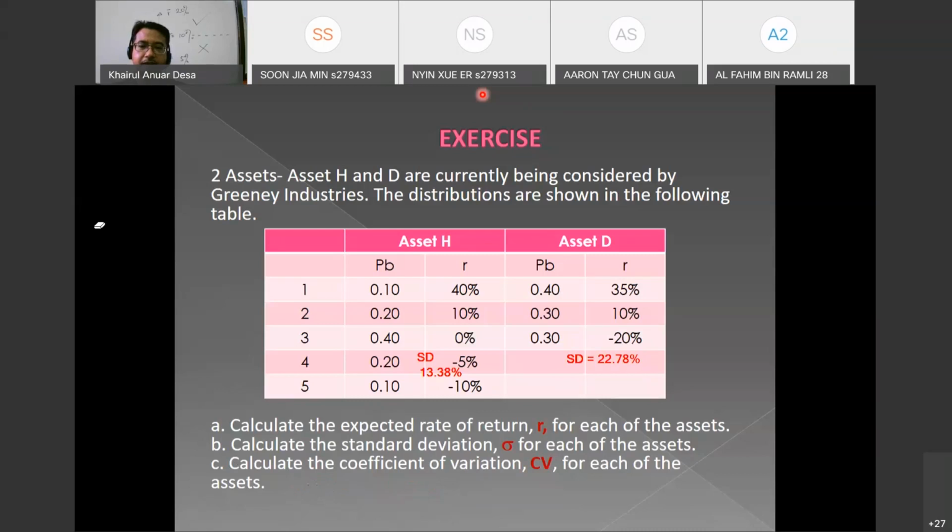Okay, sekali lagi saya tulis. CVH equal to 3.345 and CVD equal to 2.071.